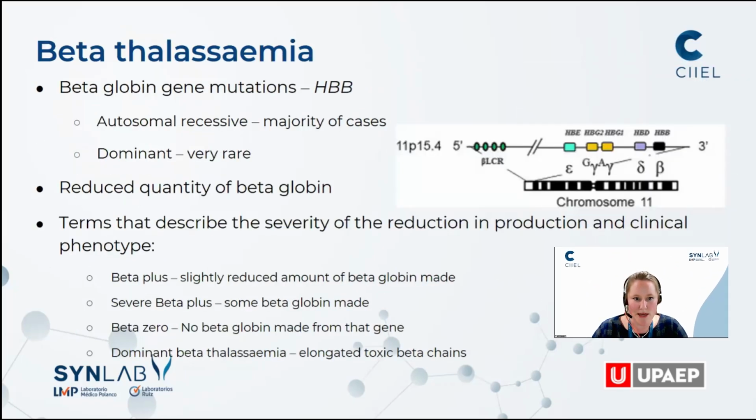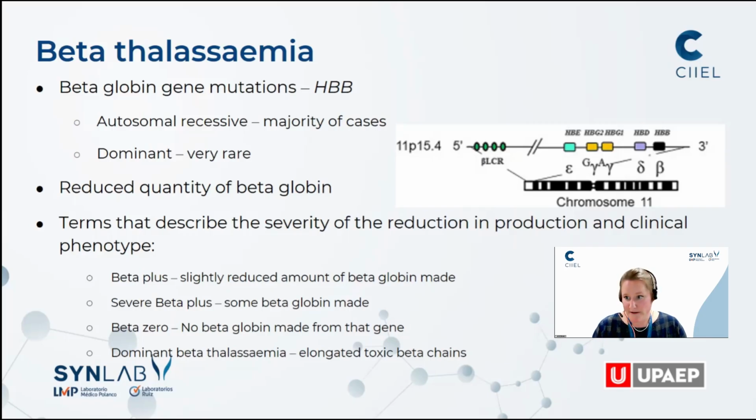So just to begin with, a bit more detail about beta thalassemia. So as I've said, caused by mutations in the HBB gene, beta globin gene. It's largely an autosomal recessive condition, which means you have to inherit a mutated copy of the beta globin gene from both parents. So you have a mutation on both alleles.